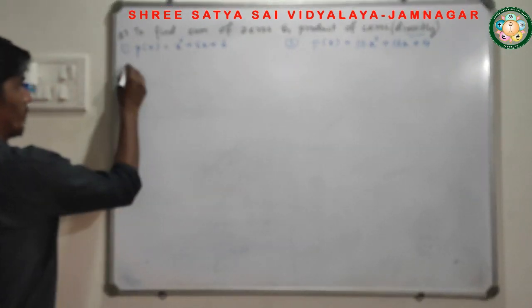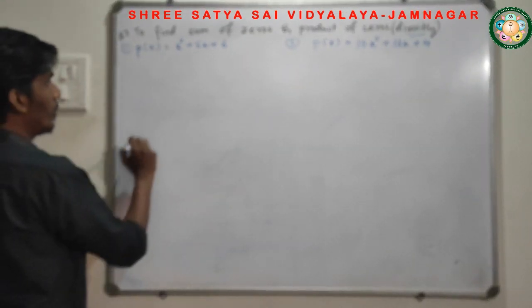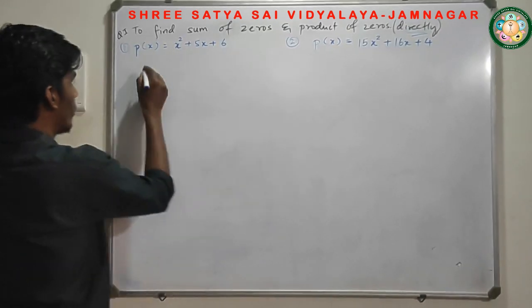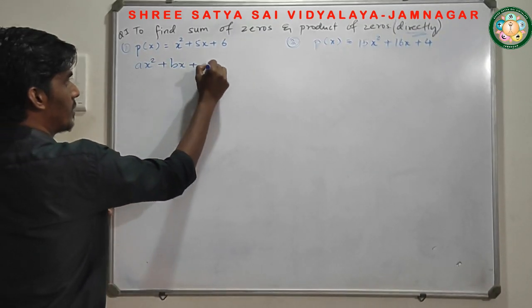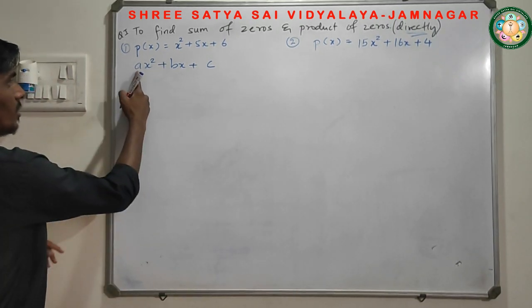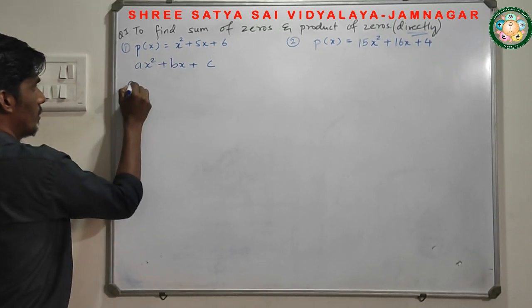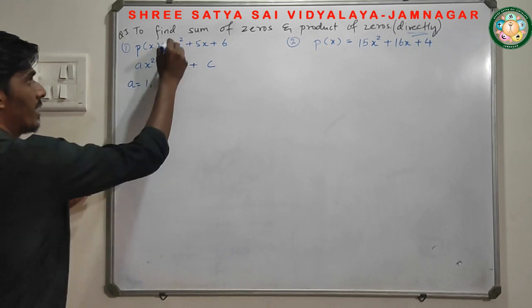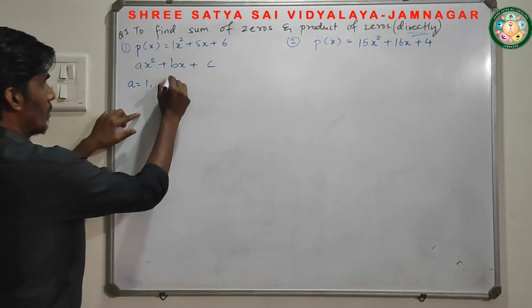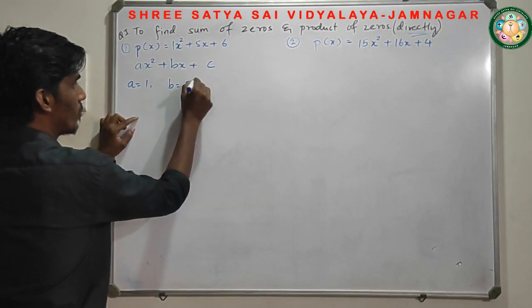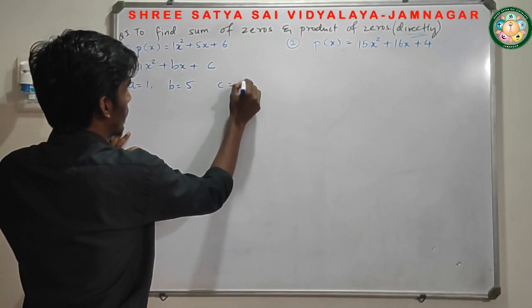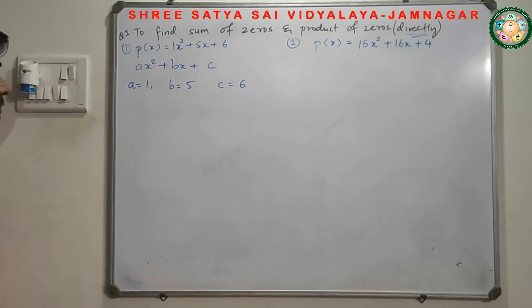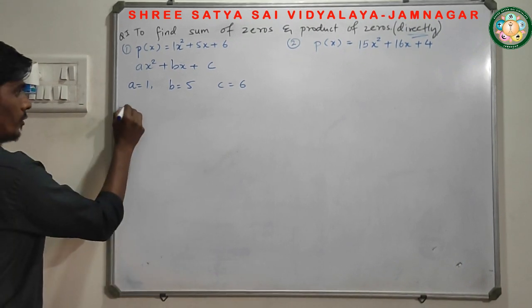For this one, as per the formula, first of all, compare this equation with ax square plus bx plus c. Now a equals 1, as nothing is there means 1. b is what here? 5. What about c? c equals 6.